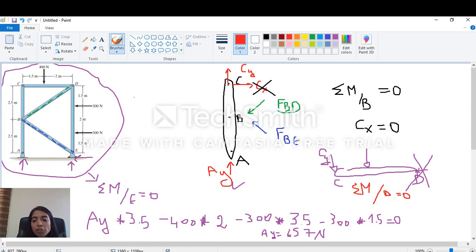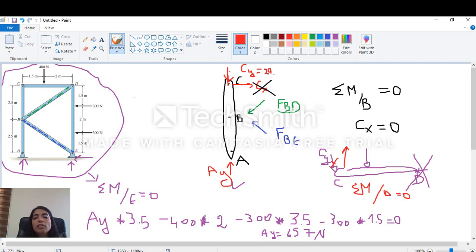So Cy times 3.5 plus 400 times 2 will be equal to 0, which means that Cy will be negative, I think 229, and this means that this Cy should be downward. And it is equal to 229.